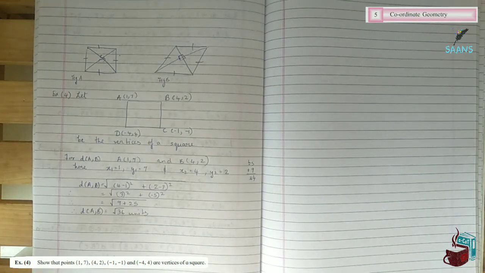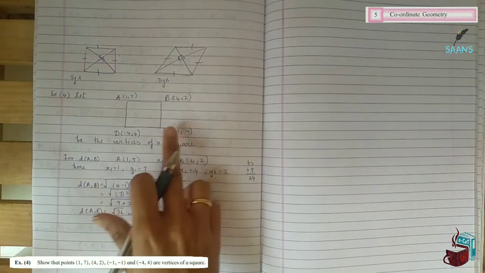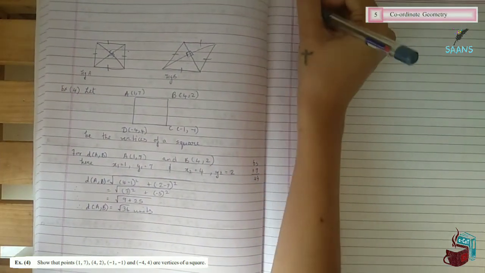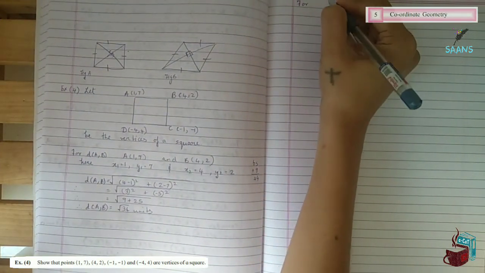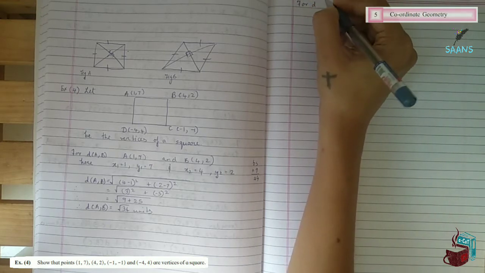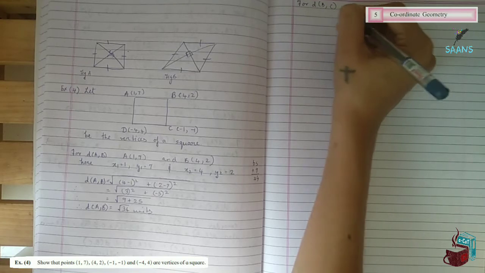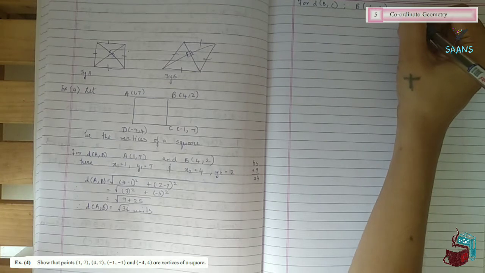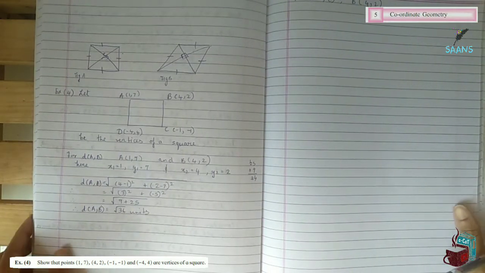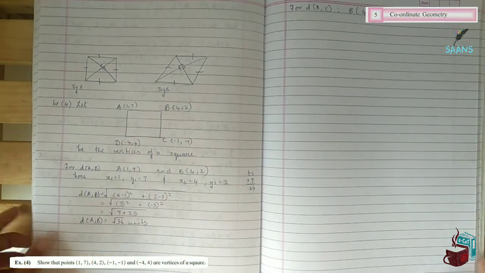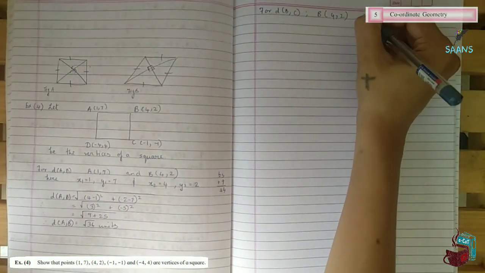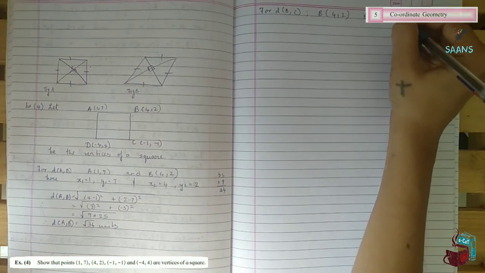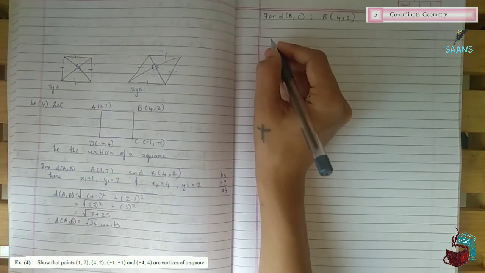Next. Now we finished AB; BC, DC, AD, you have to find all. For distance BC, B is given to us as (4, 2) and C is given to us as (-1, -1).